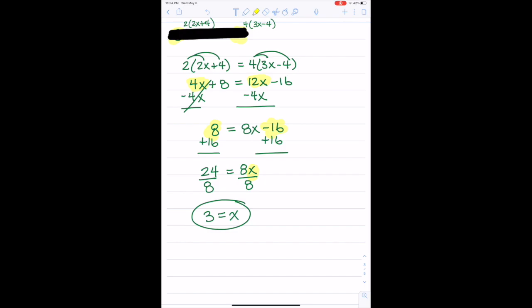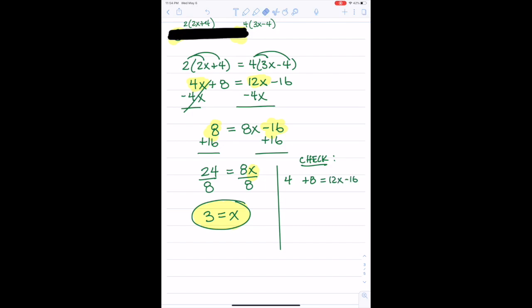So again, if you really feel confident and trust your algebra, go for it. I still recommend checking your answer. So I'm going to do a quick check. Our original one was 4x plus 8 equals 12x minus 16.